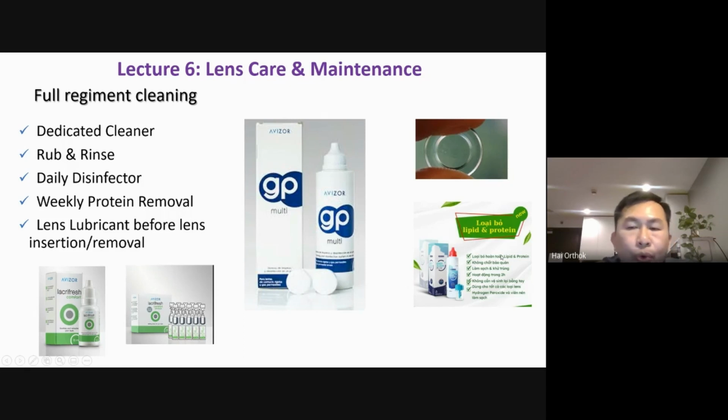And patients who are more careful with cleaning and lens care can use both products. They use GB Multi one day and then switch to Everclean Plus another day. That is the best way to clean and disinfect the Ortho-K lens for the Ortho-K user.